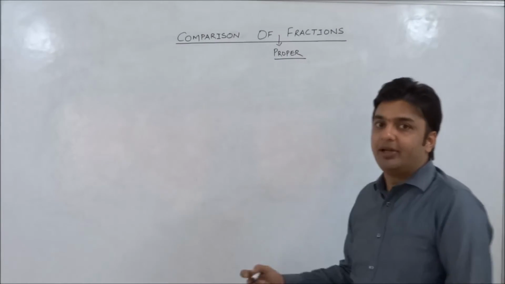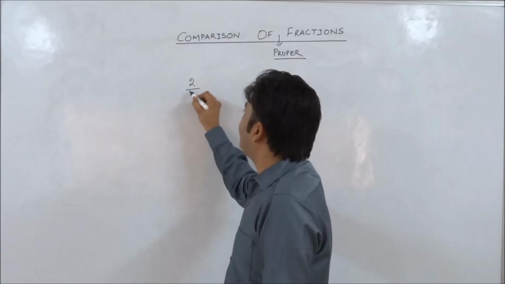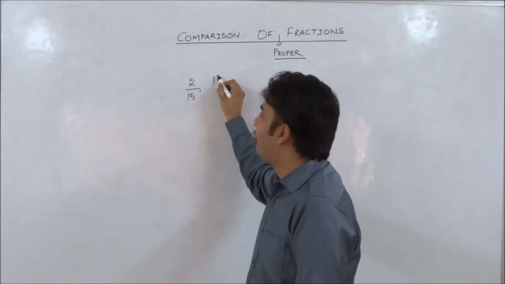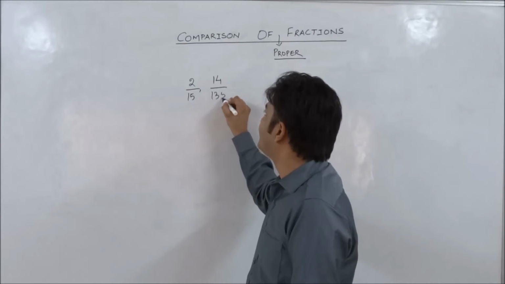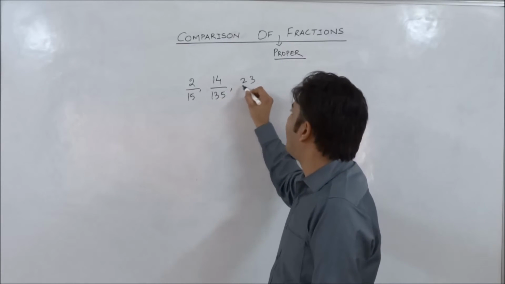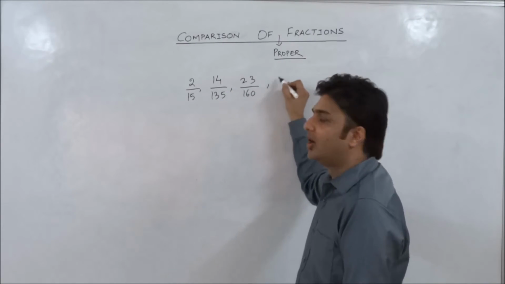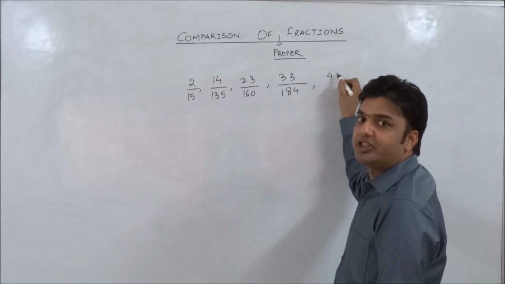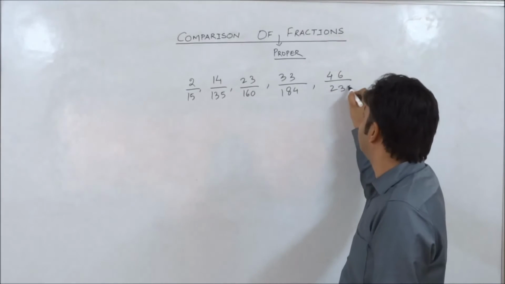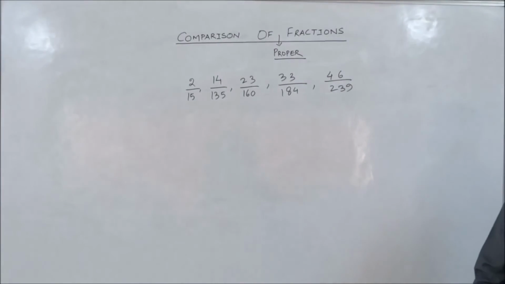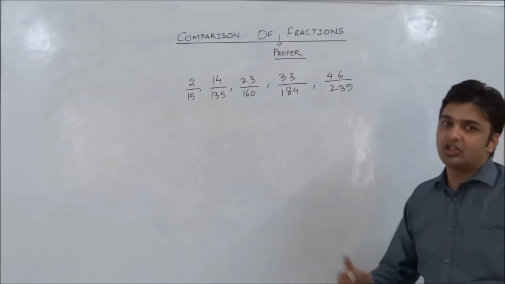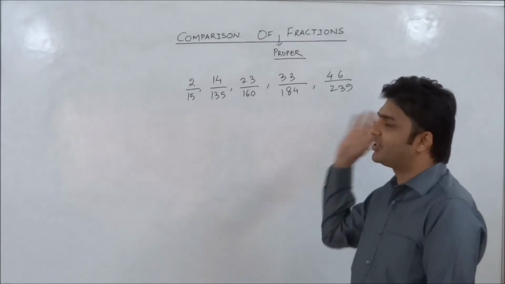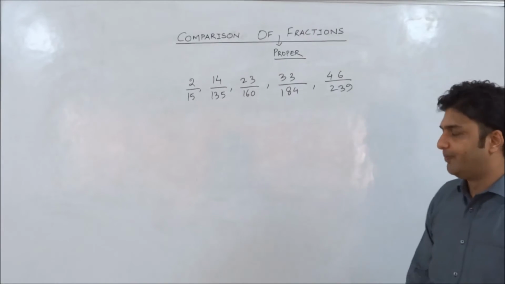Let's take an example. If you have 2 by 15, 14 by 135, 23 by 160, 33 by 184 and 46 by 239. So we need to compare these 5 fractions, again which is the smallest, which is the greatest, or let's say let's arrange them in the ascending order.